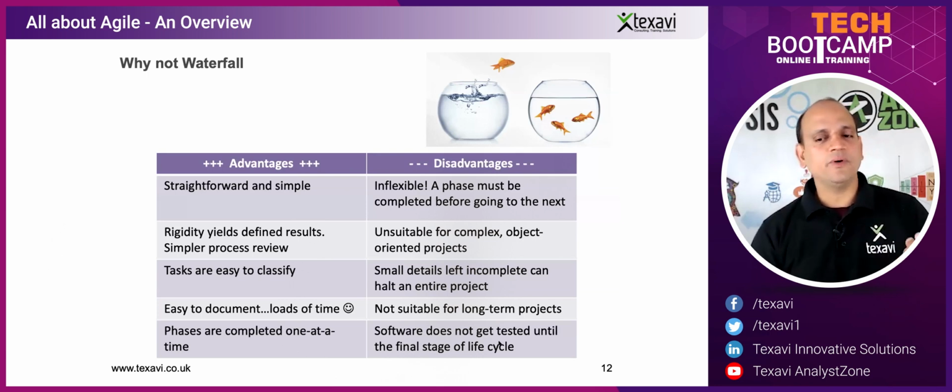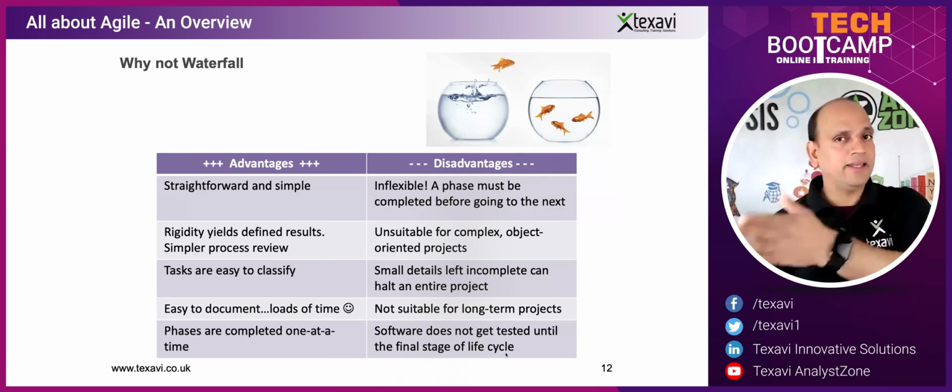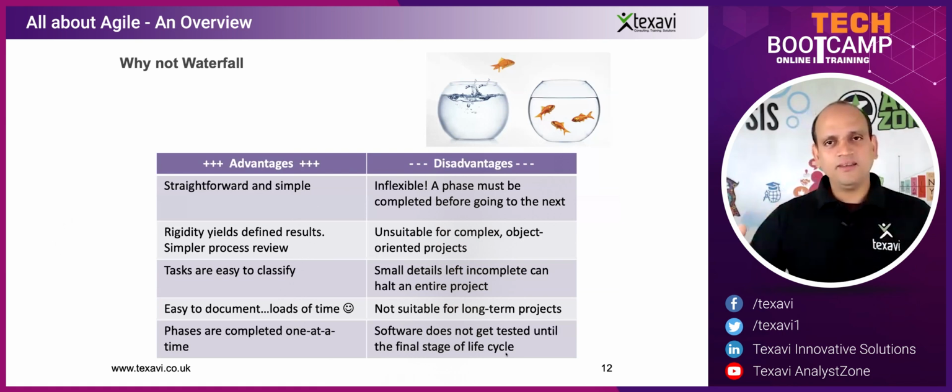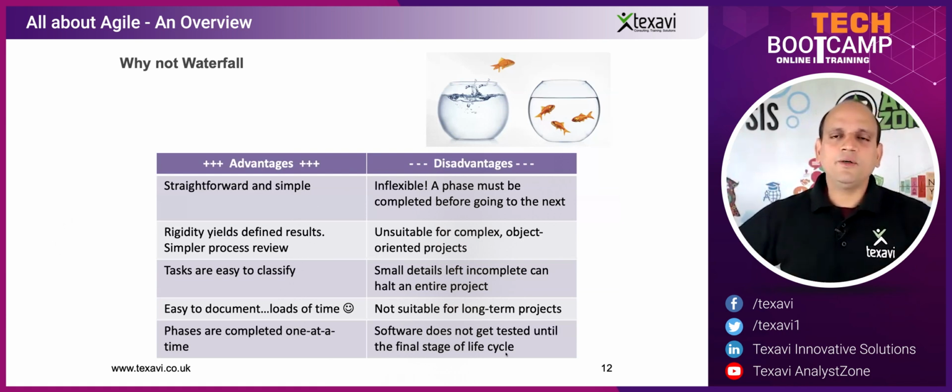Here, the software does not get tested until the end. You get the whole big product with all the functionality, and then you give that to a team of testers. Hey, there you go, now test this. They'll come back with thousands and thousands of defects. They'll report severe showstoppers, major bugs, thousands of minor bugs, cosmetic bugs.